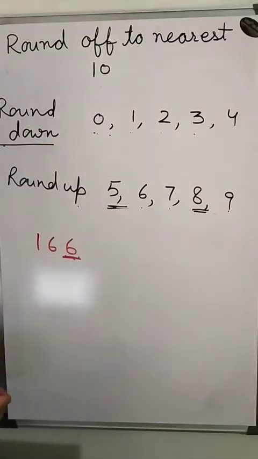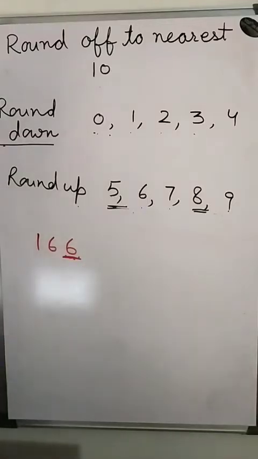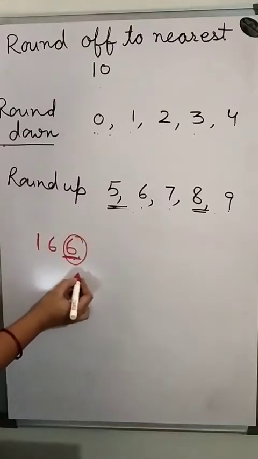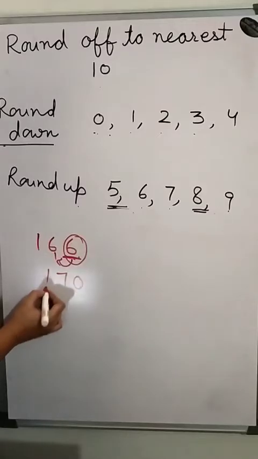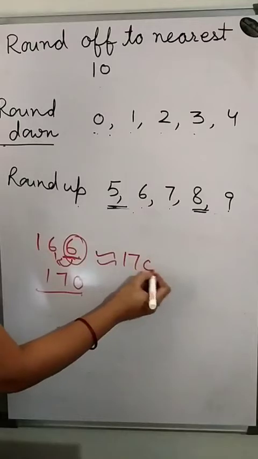Take 166. 66 is from the second group, so we have to round up the number. What we do is, in place of the unit digit we put 0 and we add 1 to the tens digit. Adding 1 here makes it 7, so this one is 170. So it is equivalent to 170.